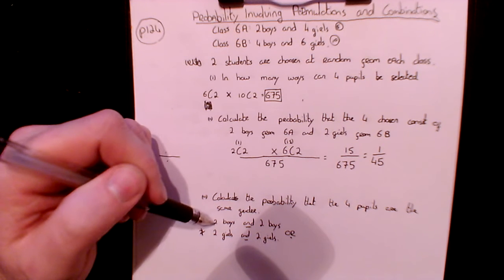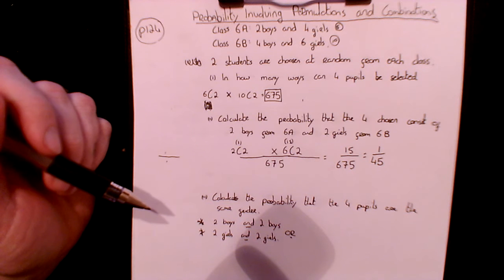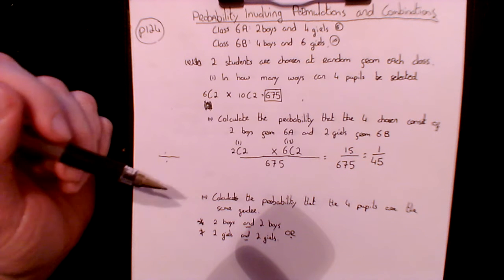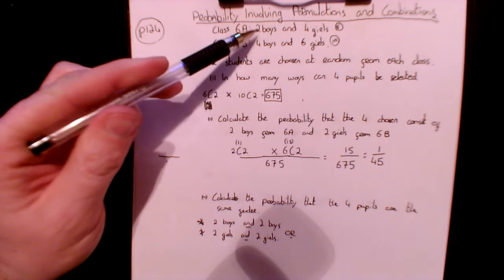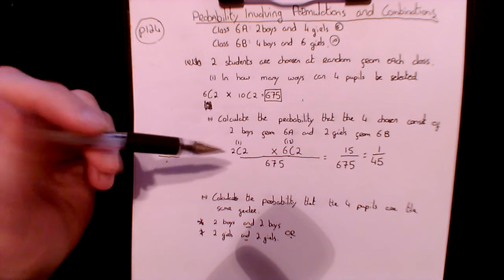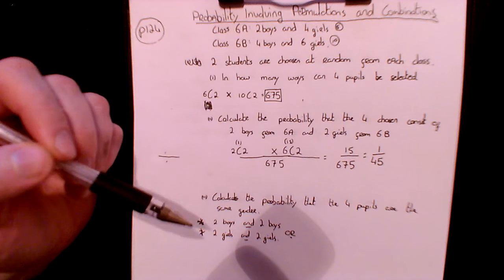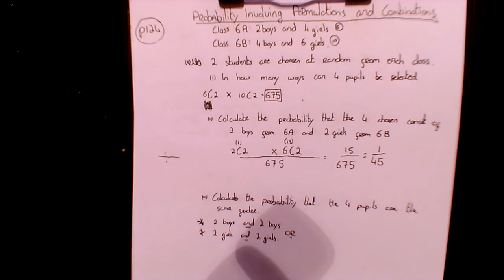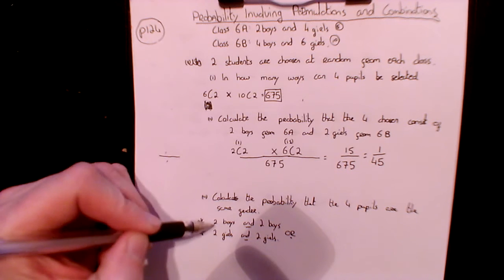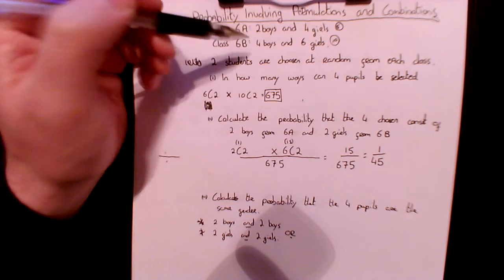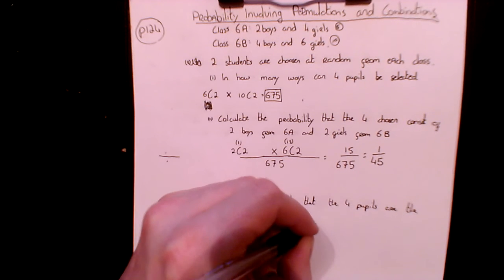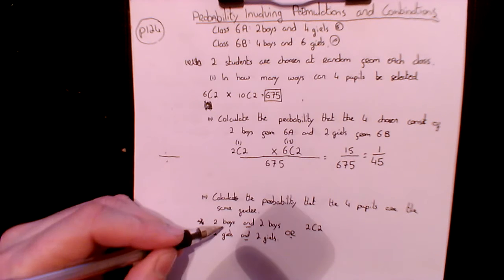But how about we get the probability of getting 2 boys and 2 boys first? The way we look at it is, how many different ways can we get 2 boys? How many different ways can we choose 2 boys from 2 boys? As we said, 2 choose 2.